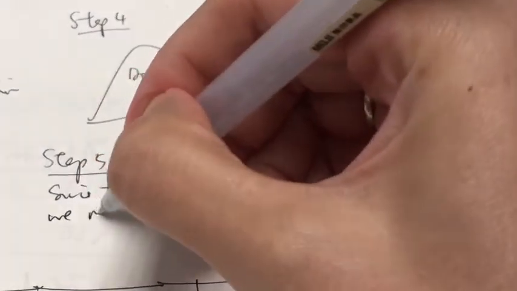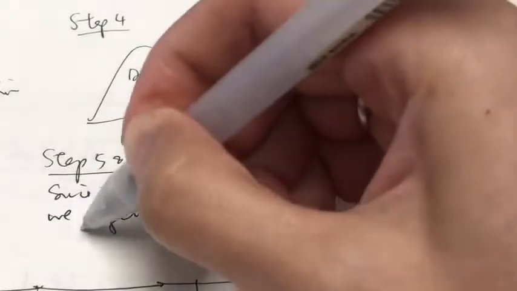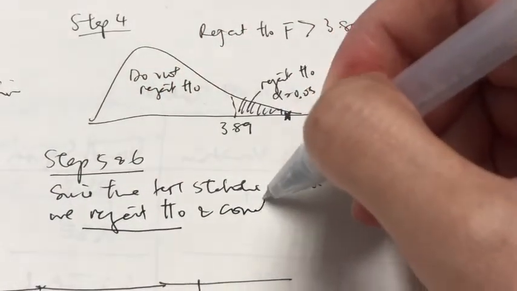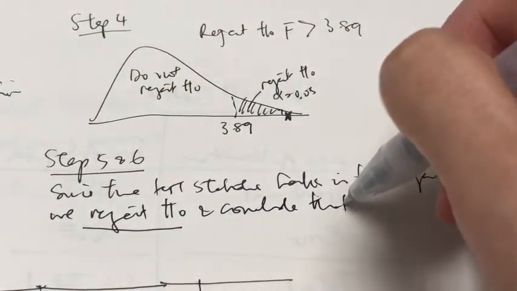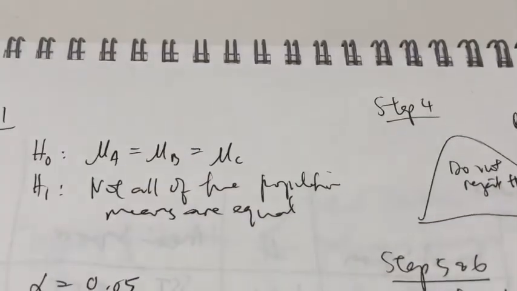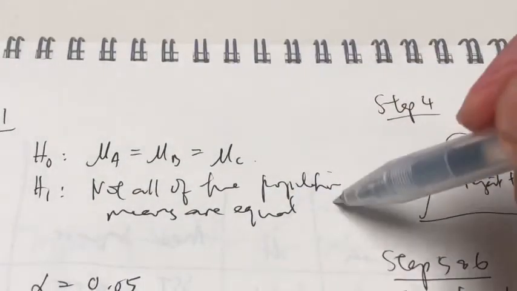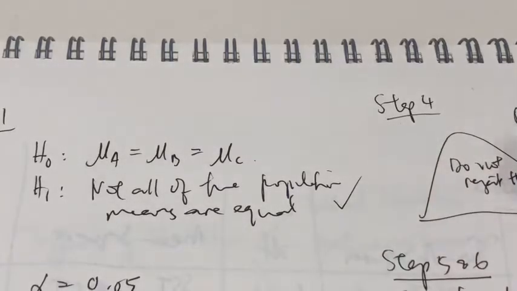So we reject the null hypothesis, right? Reject the null hypothesis, and we can conclude that, okay, go back to step 1, since we reject this, we are accepting the alternate, we can conclude that not all of the population means are equal, okay?